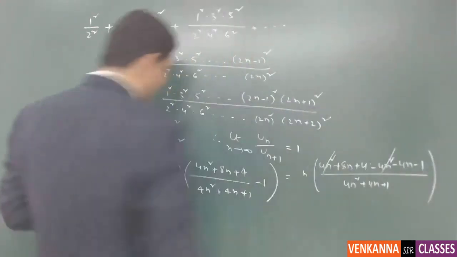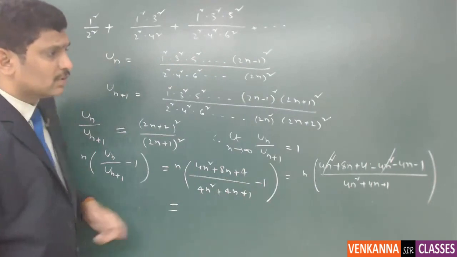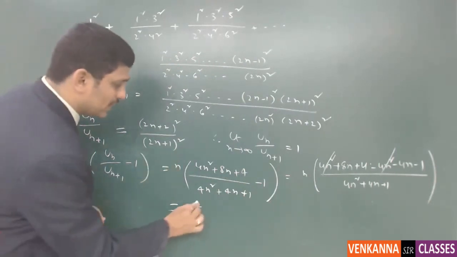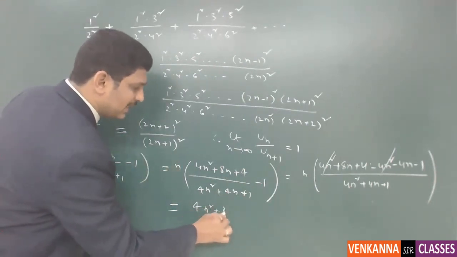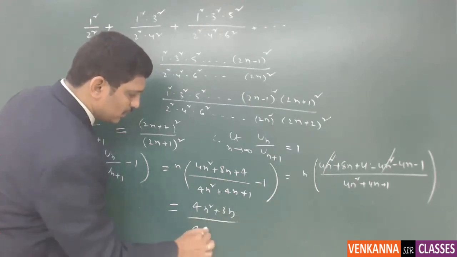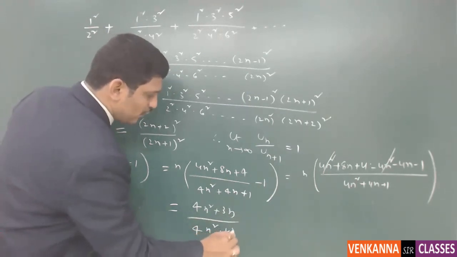So 8n minus 4n is 4n, giving (4n²+3n) by (4n²+4n+1).